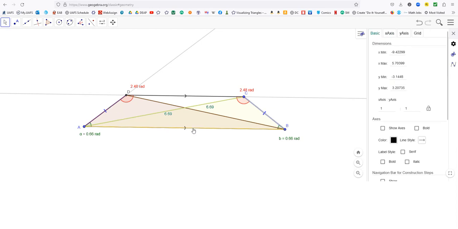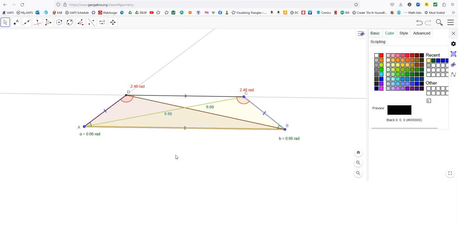And the base down here is congruent to itself. That's a side both of them have. So is that enough to make the triangles congruent? Sure is. That is by side, angle, side. We have those two triangles congruent. And that makes what? It makes the diagonals congruent. That's interesting.